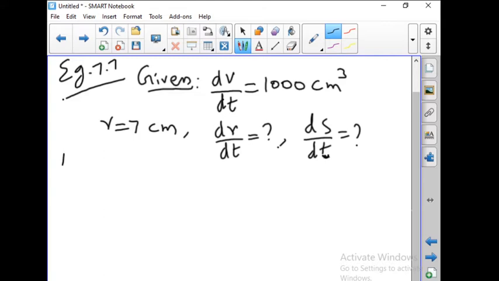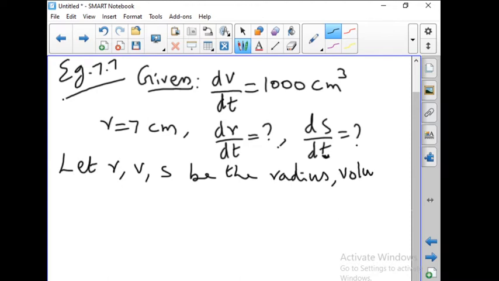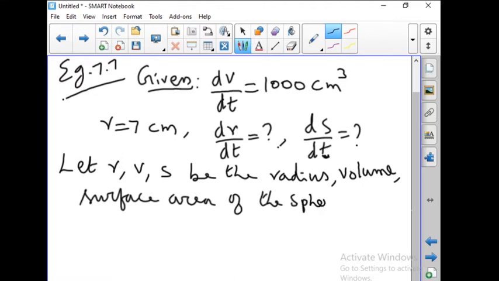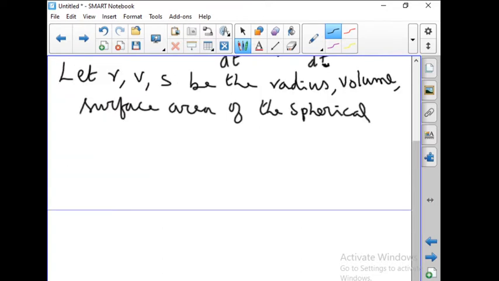Let r, V, S be the radius, volume, and surface area of the spherical balloon respectively.